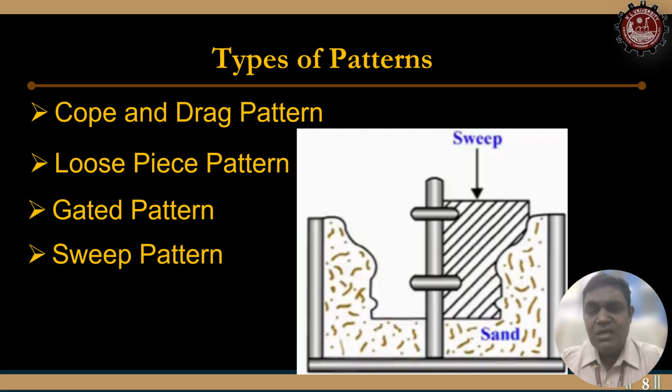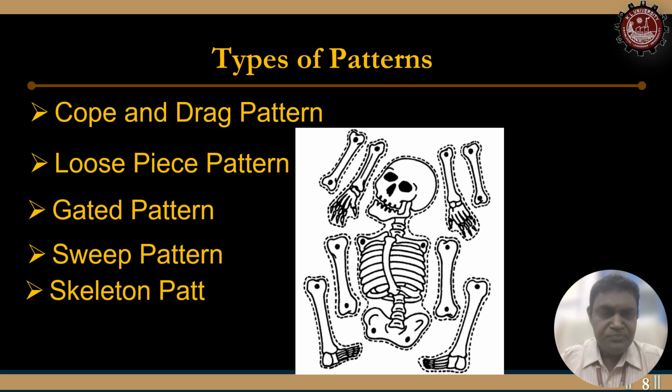Also, the loose piece pattern is not suitable here. In such cases we prefer the sweep pattern. Here we prepare only one half of the pattern and rotate this piece 360 degrees, so that the outer surface prepared in the same way gives the complex mold shape. So in that case we prefer this sweep pattern.